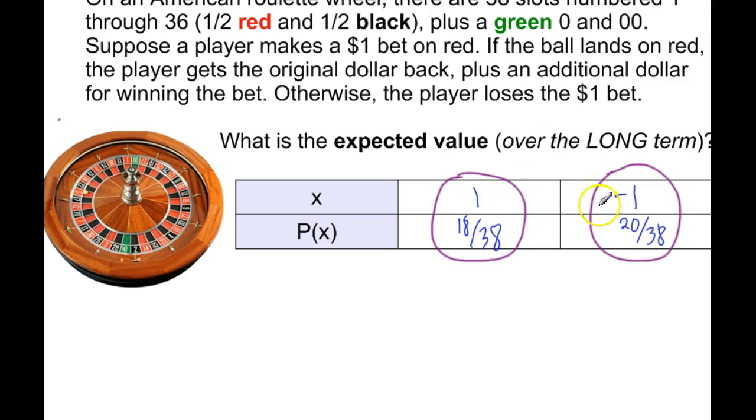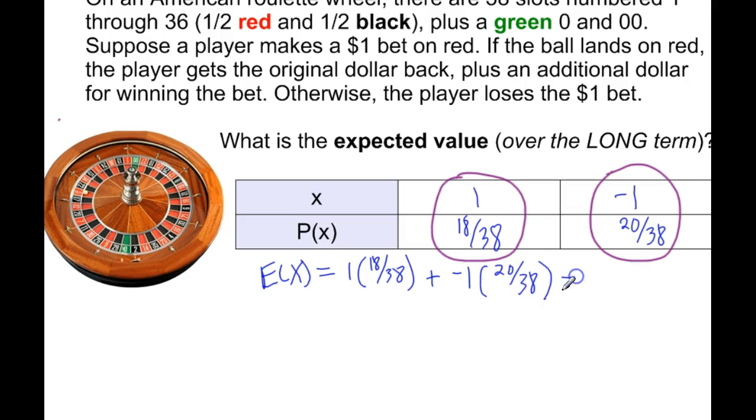So let's see what would happen. Expected value, if you look at that formula, it's going to be this times this plus this times this. So expected value is equal to 1 times 18 over 38 plus negative 1 times 20 over 38.